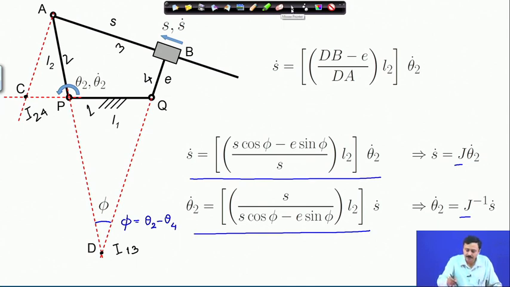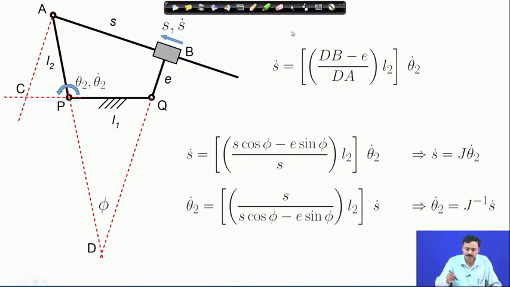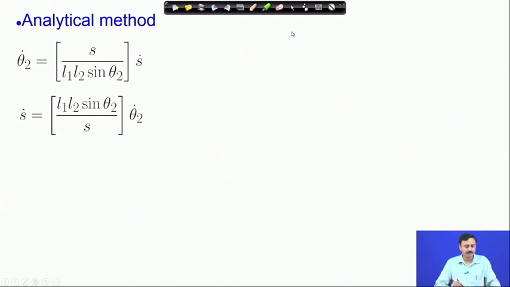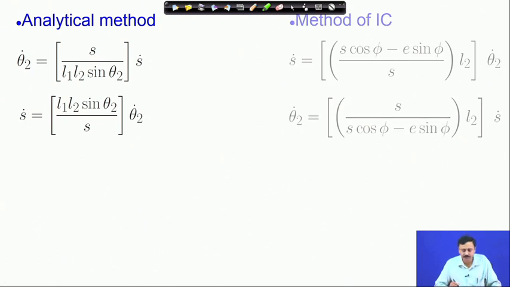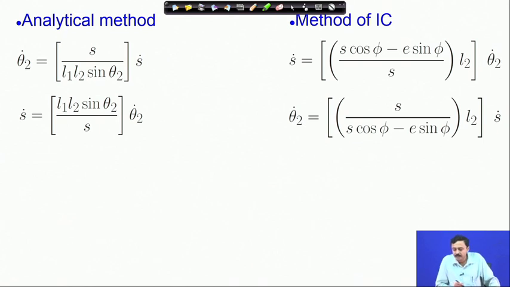So, let us compare them. So, these are the expressions of the velocity relations obtained from the analytical method, and on the right I have written out the velocity relations obtained from the method of ICs. So, definitely these expressions on the left are more simple, because here you have to determine phi.